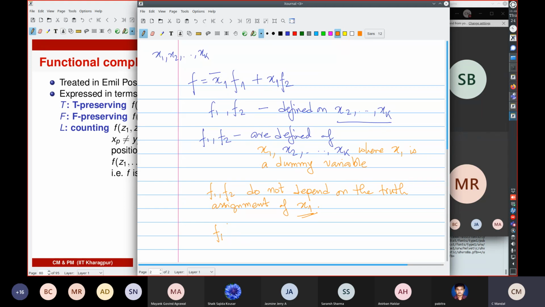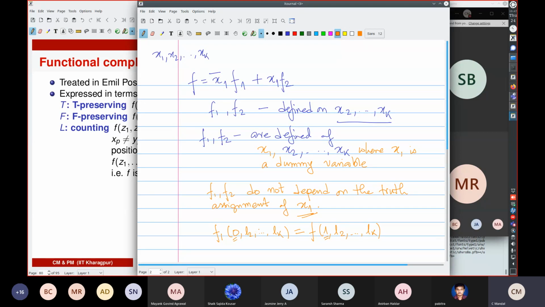So in other words, f1 of 0, if we say literals L2 ... LK is equal to f of 1, L2 ... LK. So this is the formalization of the idea of a dummy variable.